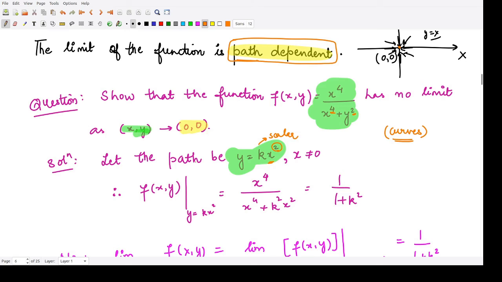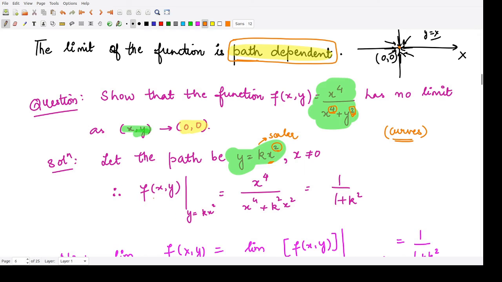So for that we consider this path y is equal to kx square, where x is not equal to 0. Why I have supposed this path? Because in order to make these powers equal, so here x raised to power 4 is there and here we have y square. So if I suppose x square, the powers should be the same. So that is why one choice. You could choose others also to prove the limit does not exist.